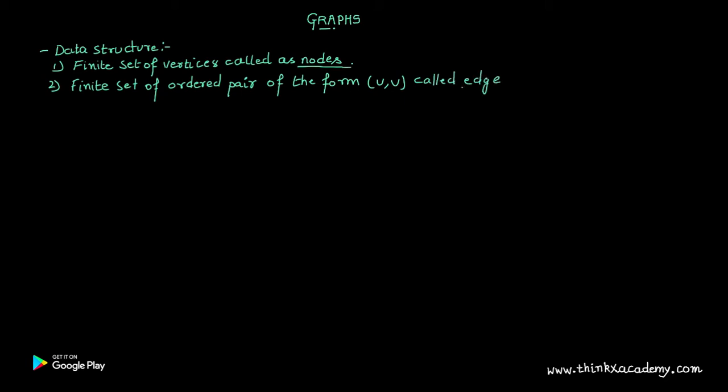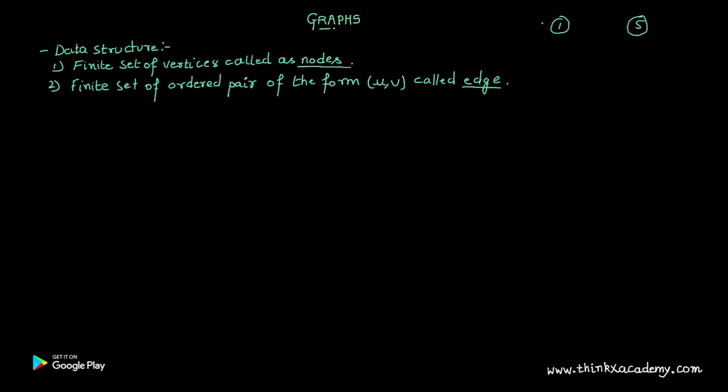So here I've defined another component of the graph which is known as edge, and it is a finite set of ordered pairs, which simply means that an edge is used to connect two nodes, and these nodes form a pair. For example, let's say you have a node with integer 1 and another node with integer 5.